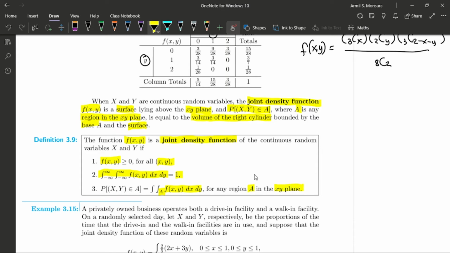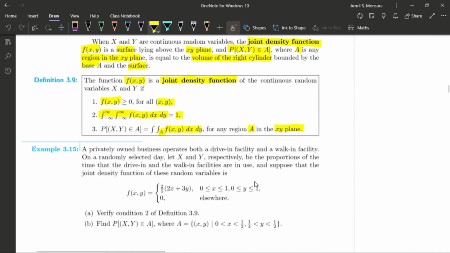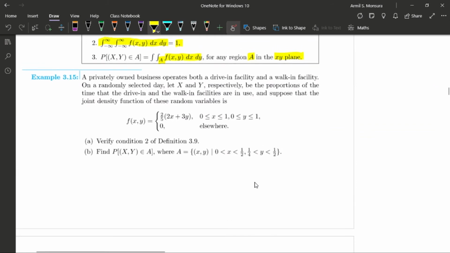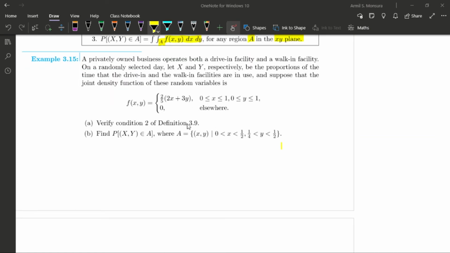So let's work on example 3.15 so that we will have a further understanding of that definition. Here, a privately owned business operates both as a drive-in facility and a walk-in facility. So in a day, the business may operate either as a drive-in or a walk-in.